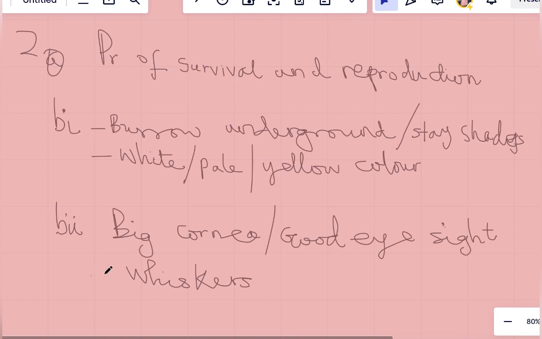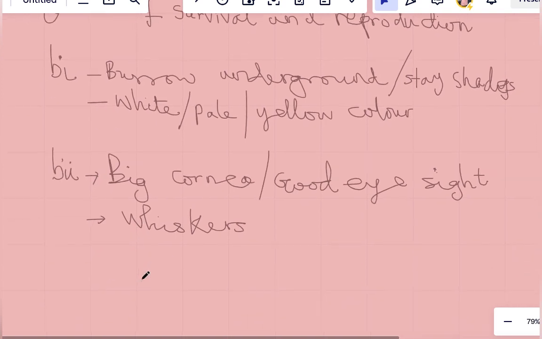And then another thing they have that helps them survive where there is not much light is that they have large ear. That's they have good sense of hearing. Just like they have big eyes, they have large ear. So even if they're not seeing properly at night, they can hear the slightest thing. So we say they have large ear for hearing at night.